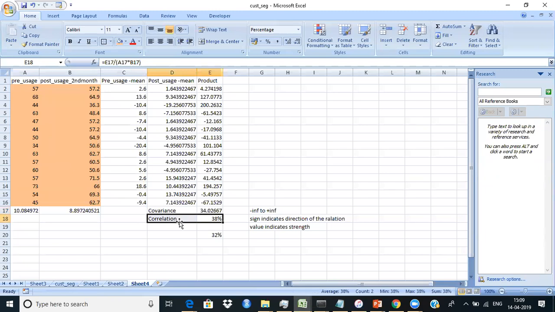So does this mean the campaign was successful because the users have increased? No. Direction will be based on the variable, right?